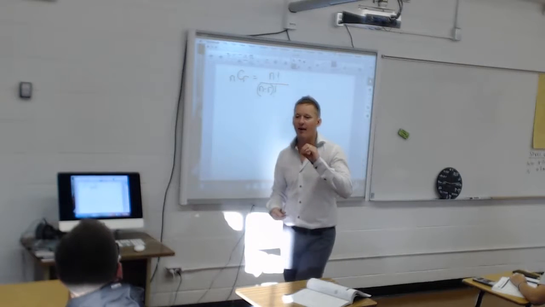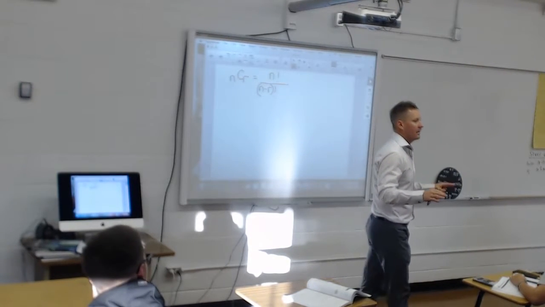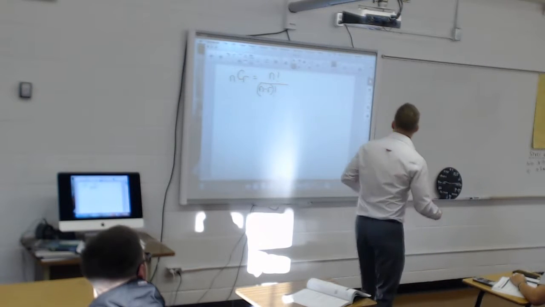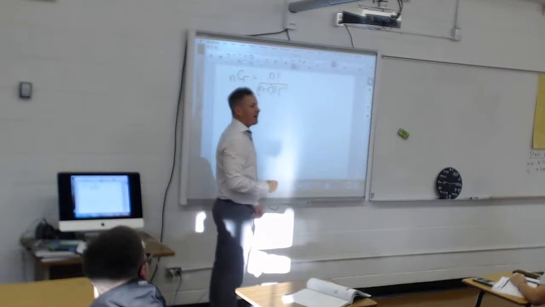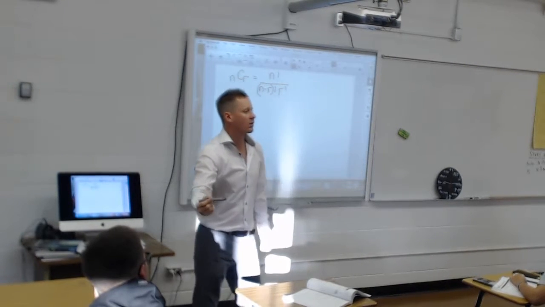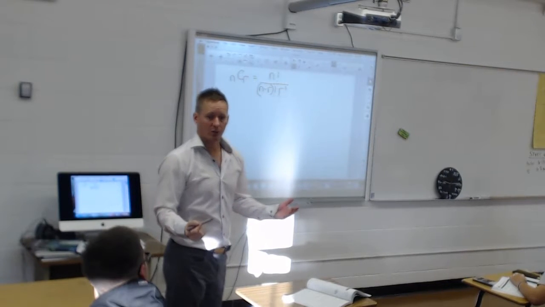If I'm selecting 5 people from this class, and I don't care about the order, that's a combination. So for a combination, you select, and then you divide by the number of ways in which you can order those people. So I'm going to show you how this works.